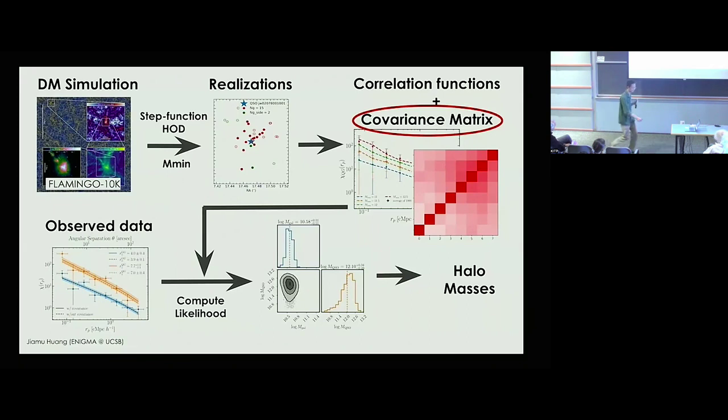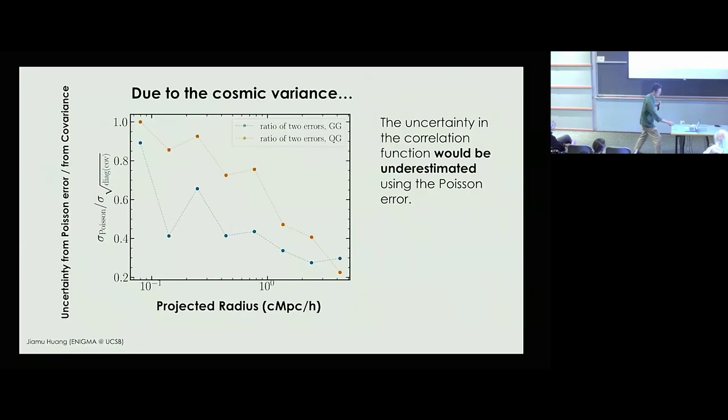And here are the results. Before that, I want to mention that since cosmic variance is large, we need to emphasize that we need a proper cosmic variance. It shows that the traditional Poisson error underestimates the error budget by a factor of 4 to 5.